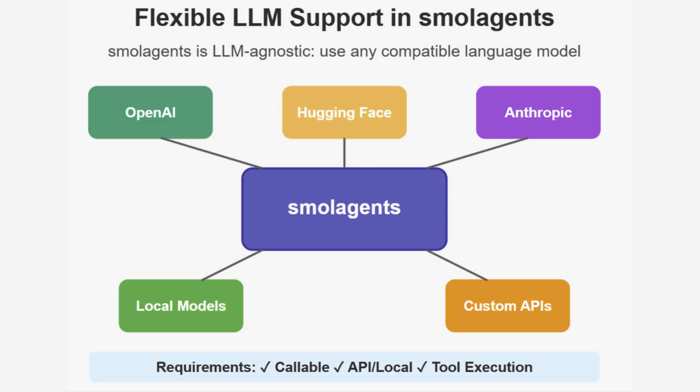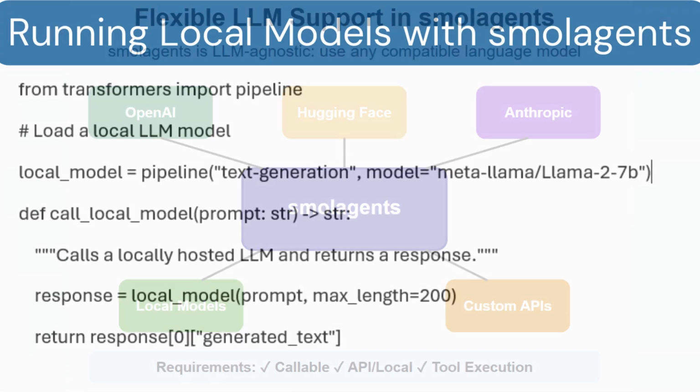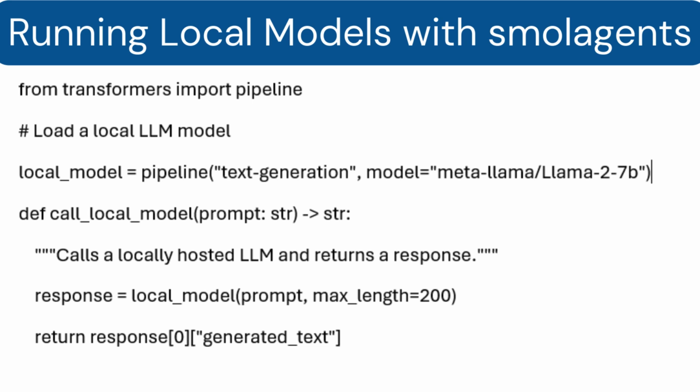One of the biggest advantages of Smolagents is that it doesn't force you to use a specific LLM provider. You can choose to run models locally on your own hardware. Or use cloud-based APIs like OpenAI, Hugging Face, or Azure. Let's break down these two options.